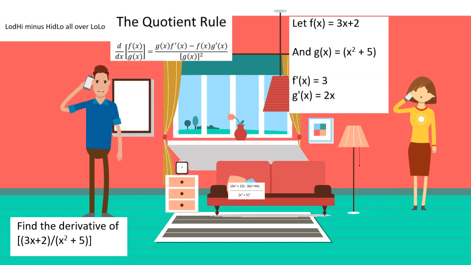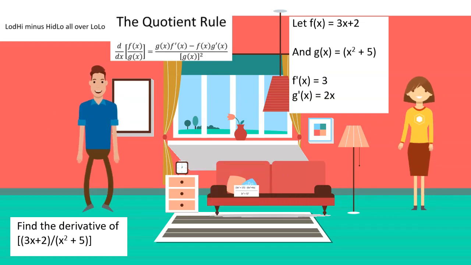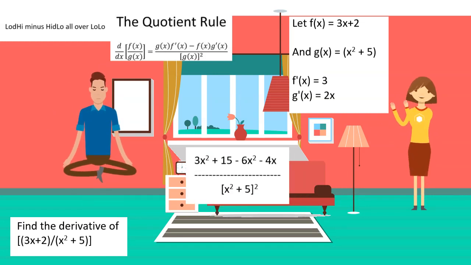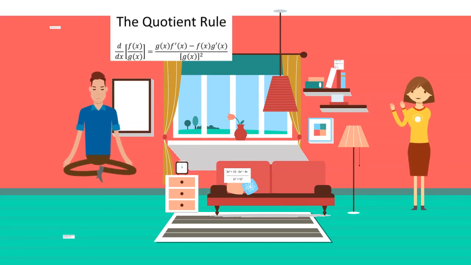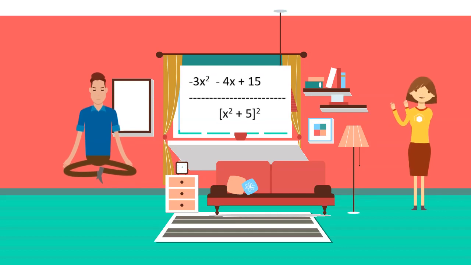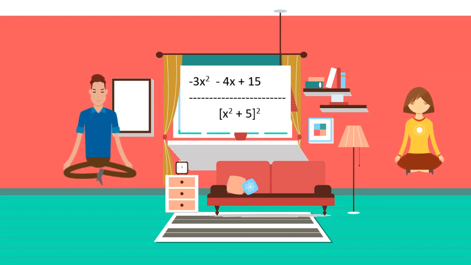Then we simplify this equation and combine common terms, and by simplifying it we will have negative 3x squared minus 4x plus 5 all over the square of x squared plus 5.